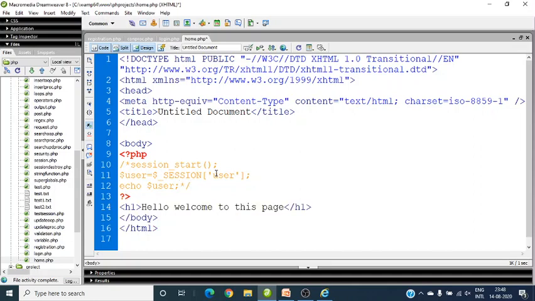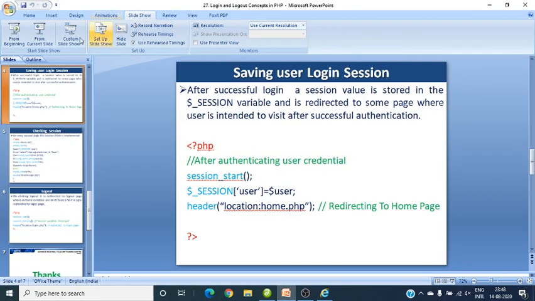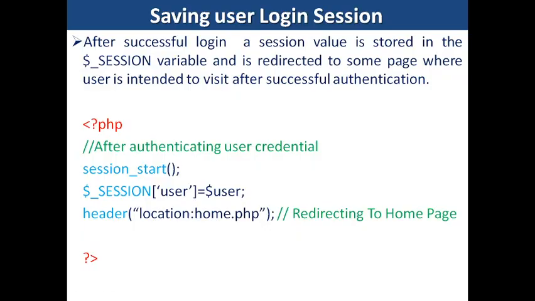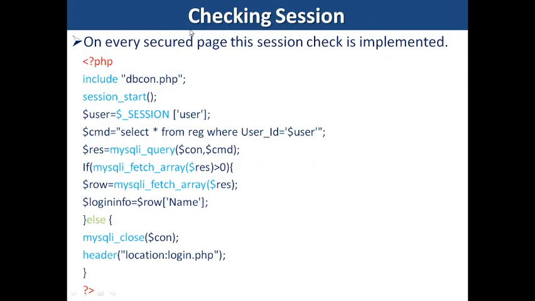Now to make this home page or home.php secured, we need to use this session before loading this home page. So how can we do that? We will check the session, whether that session variable, this $_SESSION user, is available or not.